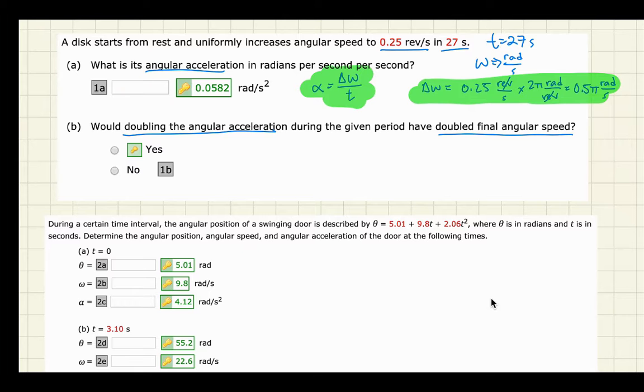Given the equation for final angular velocity, omega equals omega naught plus alpha t, omega is directly proportional to alpha. So doubling alpha would double omega, given the same starting omega and the same time interval. So there you go.